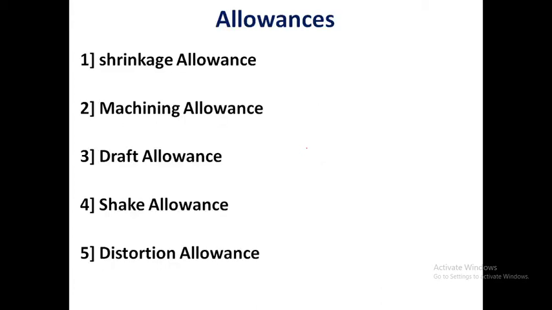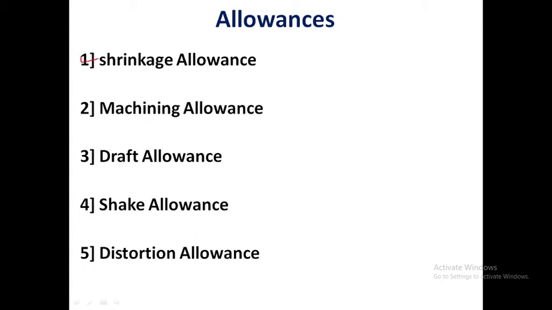Here you can see the different allowances. As we know, the pattern has a different size compared to the casting because it carries certain allowances due to some metallurgical and mechanical reasons. That's why the different allowances are there. Let us see first the shrinkage allowance.